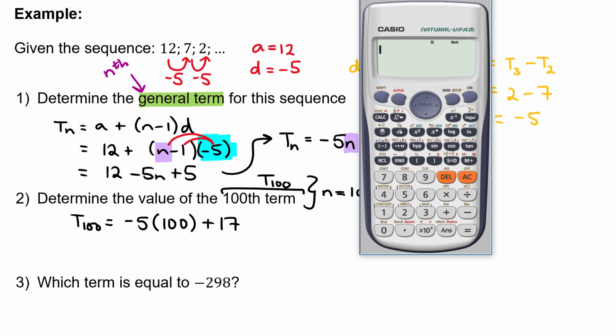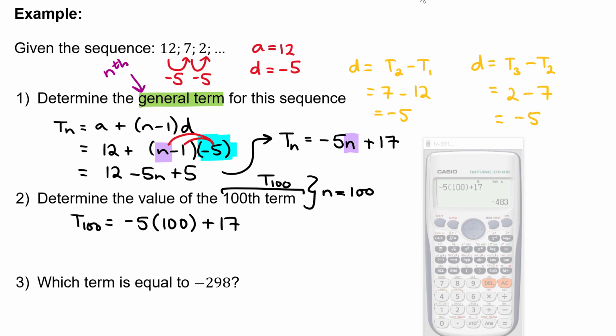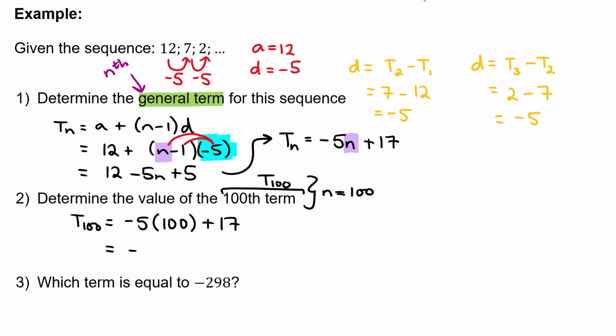You can get out your calculator to work that out. Minus 5 times 100 plus 17 gives us minus 483. So the 100th term is minus 483. The last question then says, which term is equal to negative 298.